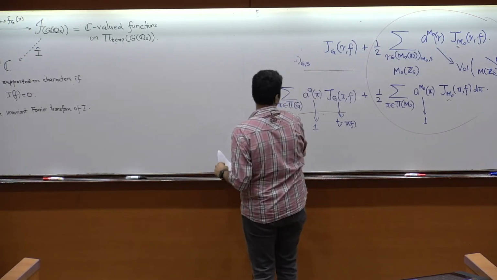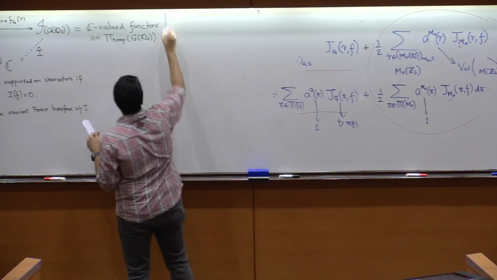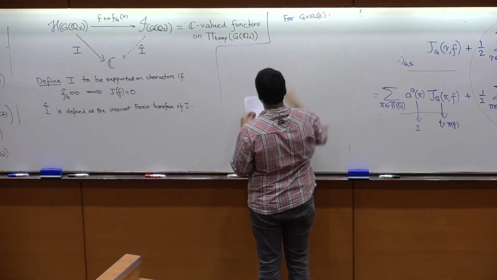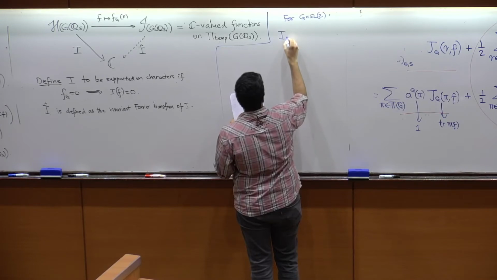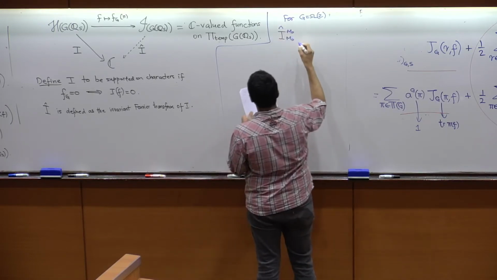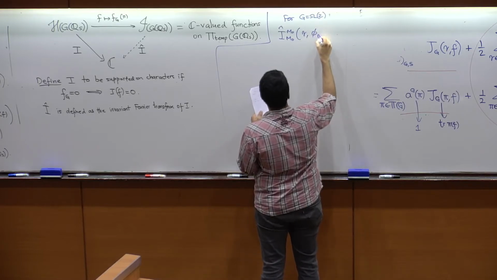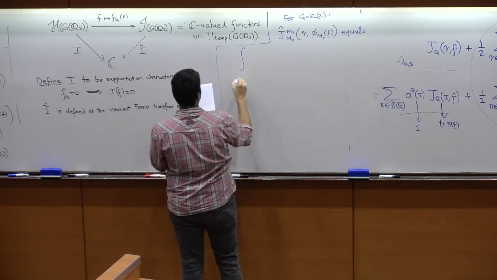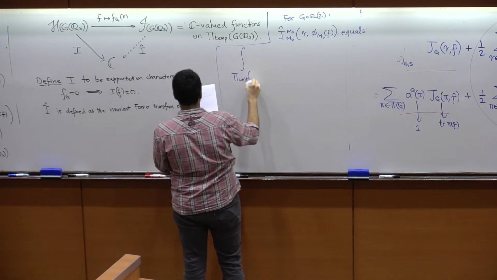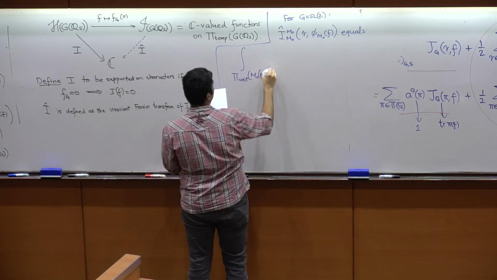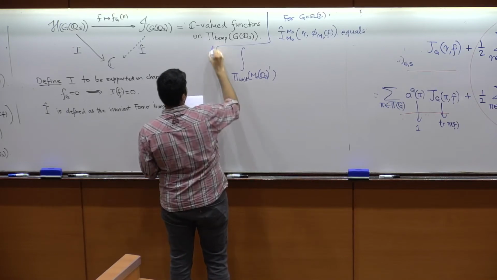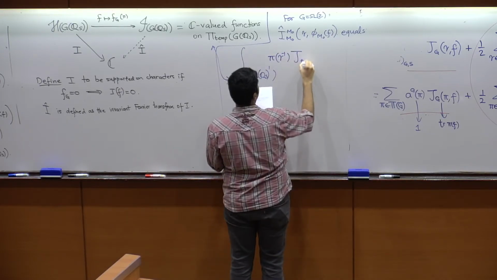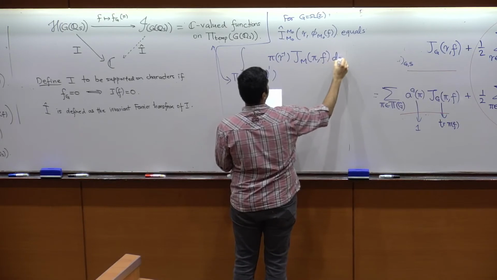For G equal to SL2, the term I M naught hat of gamma phi M naught of F equals the integral over pi unitary of M naught, and this is the same as pi tempered, of pi of gamma inverse Jm pi f d pi.